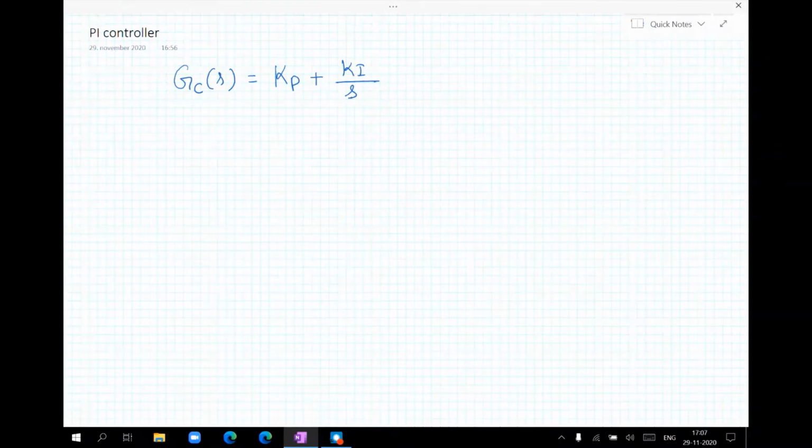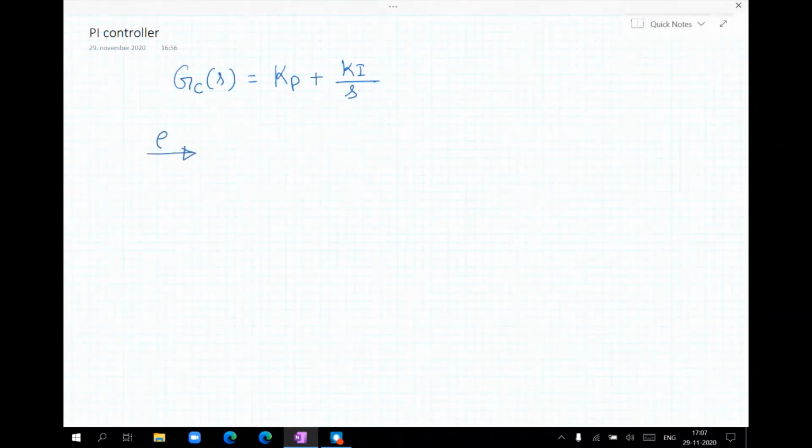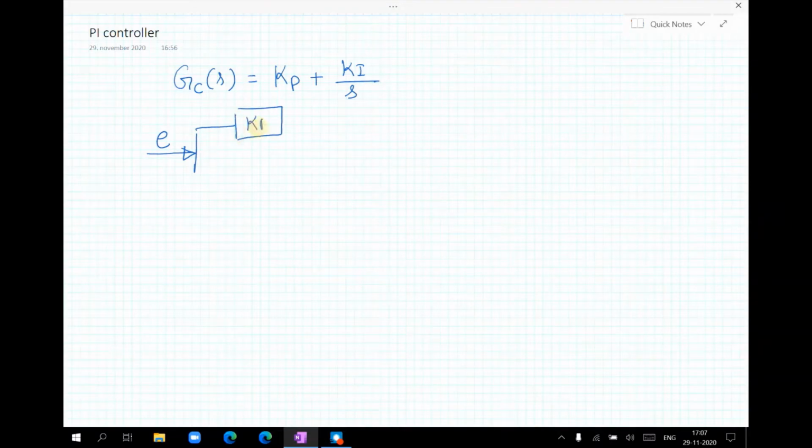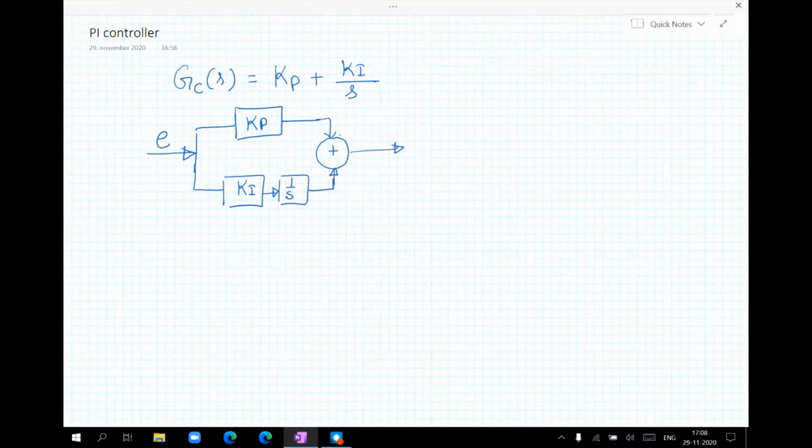The transfer function of a PI controller is given by, so for example, if we have an error signal, we will have one proportional part which is nothing but kp times error, and this part is added with the integral part, that is ki 1 by s times the error, and the addition of these two components, proportional and integral, is the PI controller output.